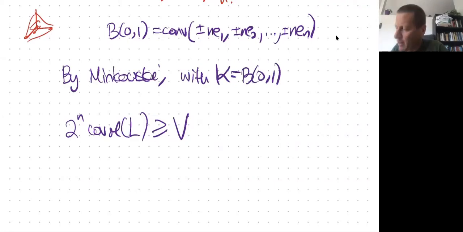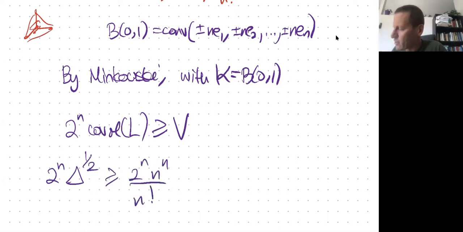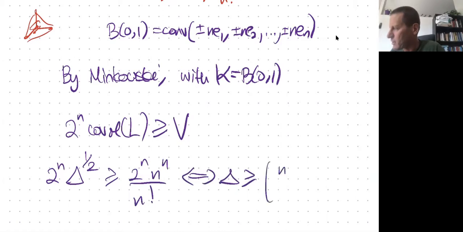And if I work out what that means, the co-volume of L is 2 to the n times the absolute value of the determinant of A, which is the square root of the discriminant, is bigger than 2 to the n over n factorial, which is the same as the delta is bigger than 2 to the n, which is what I claimed.